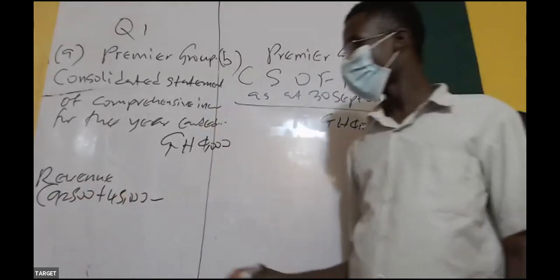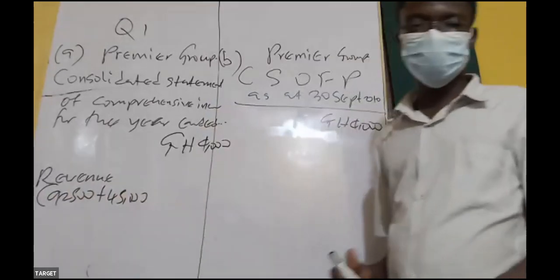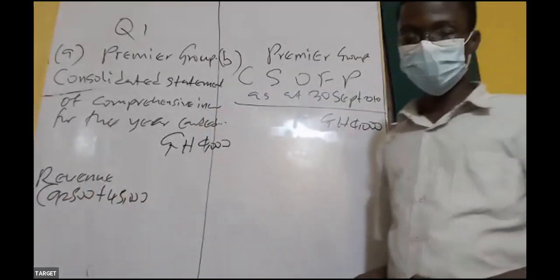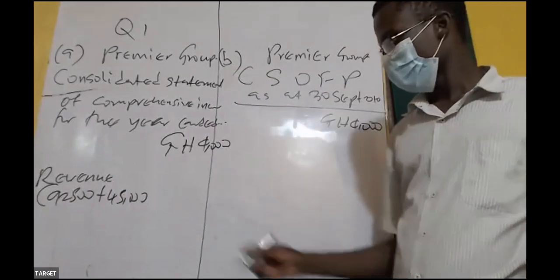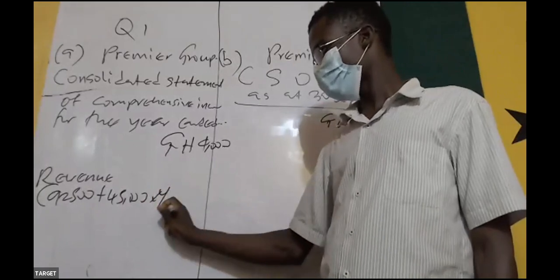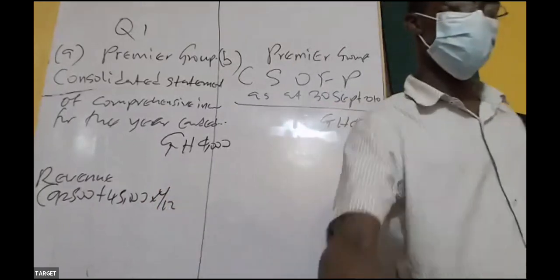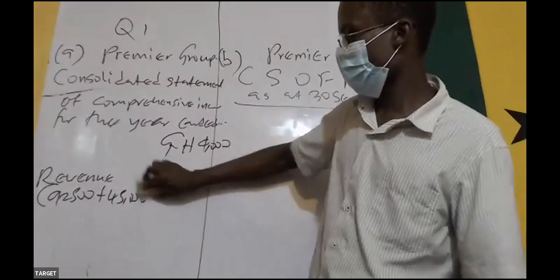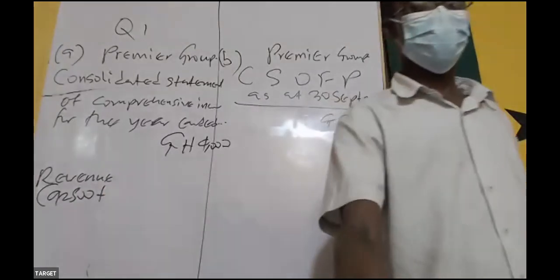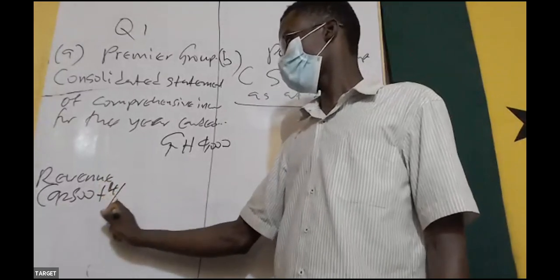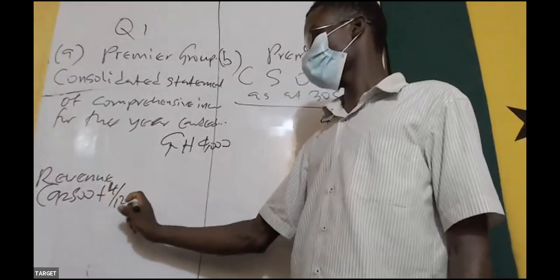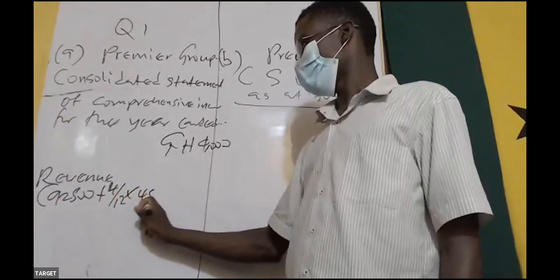Please, what about the 4 months? Okay, so in fact, we must take the 4 months of all. So times 4/12, or we can bring that one in front so that we finish it up. Because we are doing 4 months consolidation. So 4 out of 12, that is the same as 1/3 of 45.